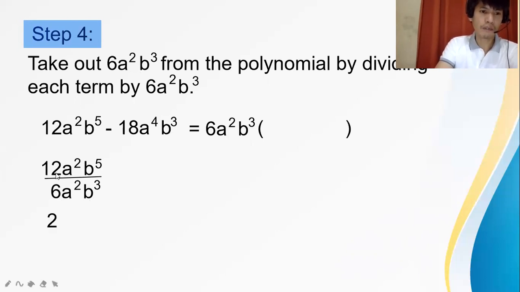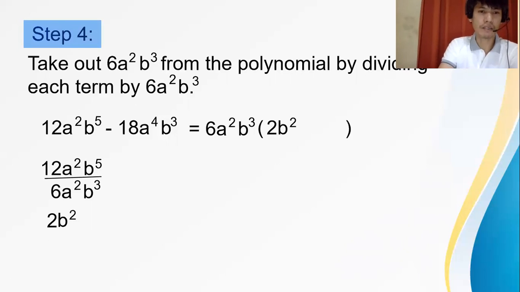Then, 12 divided by 6 is 2, and then b raised to the second power. So, these we just cancel. 2 minus 2 is 0, and any number or variable raised to the 0 power is equal to 1. And therefore, 5 minus 3, then b to the second power. Then we put it in the box, in the quantity.